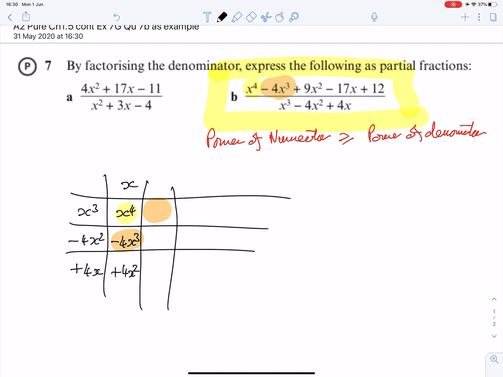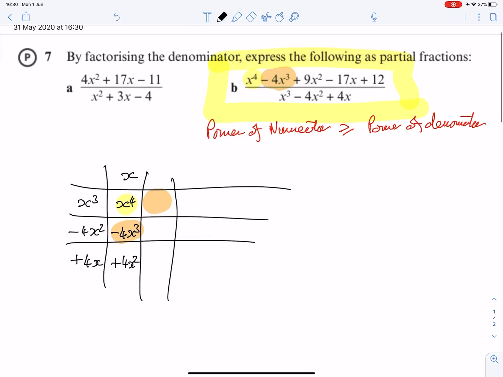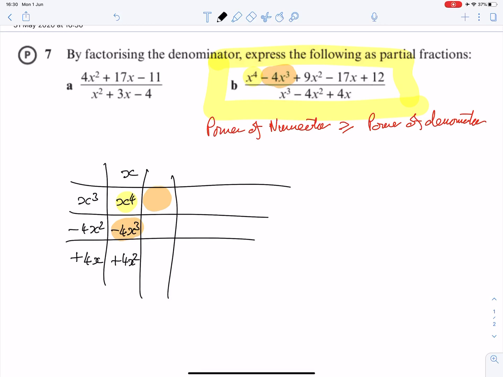We've got 4x squared there. We want 9x squared, so that's going to have to be 5x squared, which is the remainder.